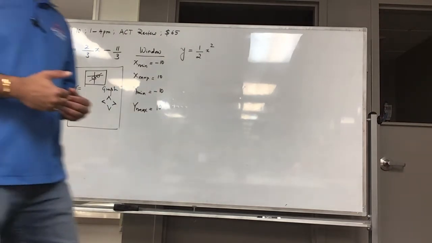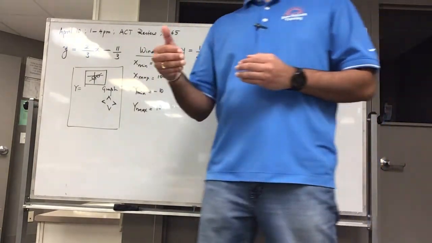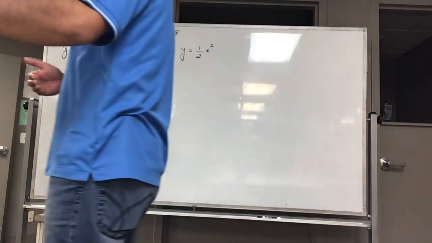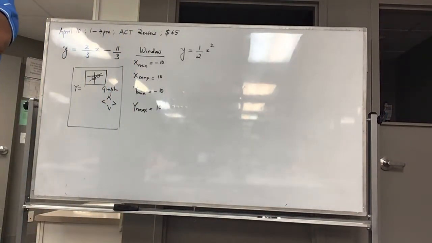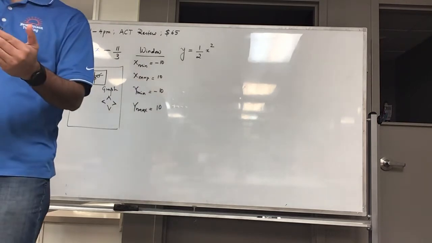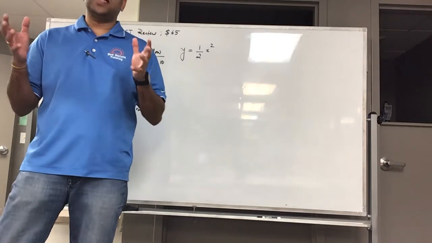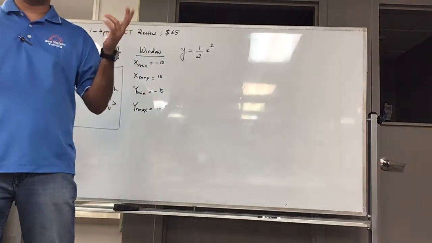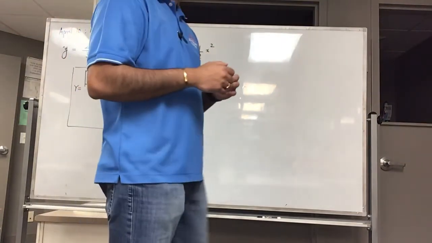Four sides is quadrilateral, 5 is pentagon, 6 is hexagon, heptagon, octagon, nonagon, decagon. 11 is undecagon, 12 is dodecagon. So you need to know the names to 12 sides, especially 10 and 12.